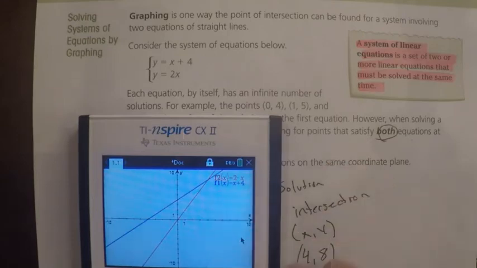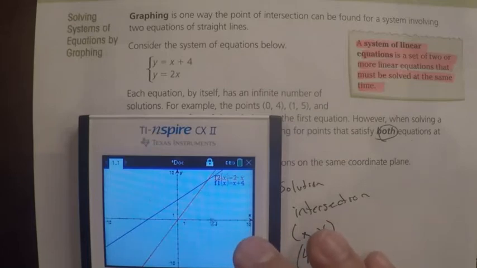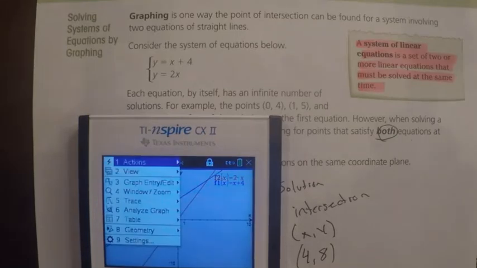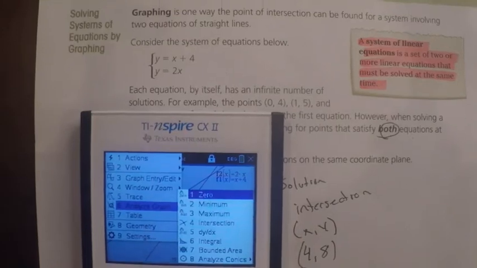Then we see that it crosses right up here, which is again at our point (4, 8). If we wanted to find that cross, we can hit menu, 6, we want to analyze the graph. What are we looking for? 4, an intersection.